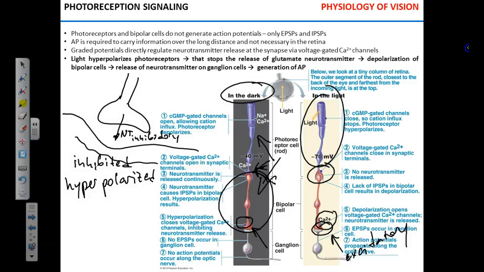Release of neurotransmitter, what does it do to ganglion cell if it's excitatory? It excites it, yeah. Leading to the action potential or leading to depolarization of ganglion cell. Does that make sense to you? Okay. We're gonna pause it.